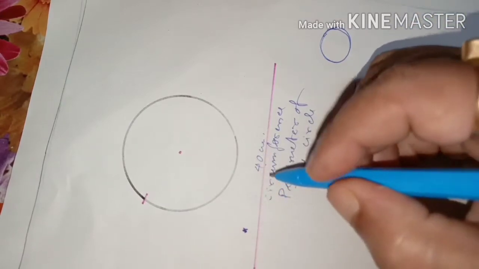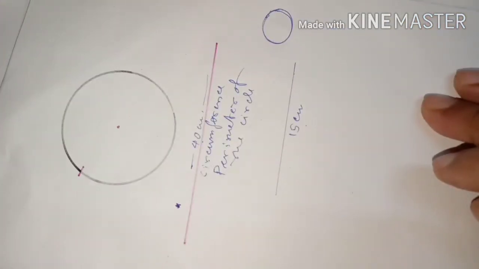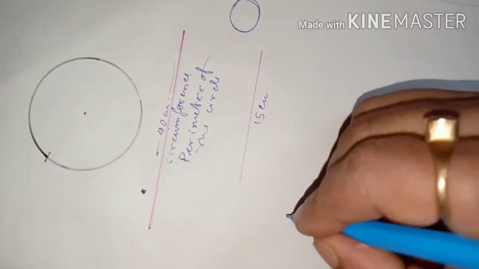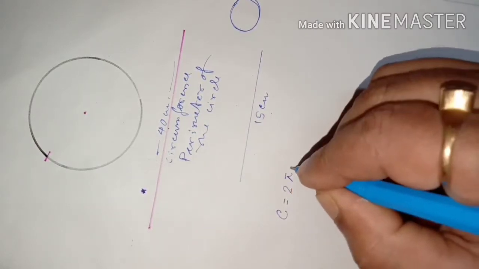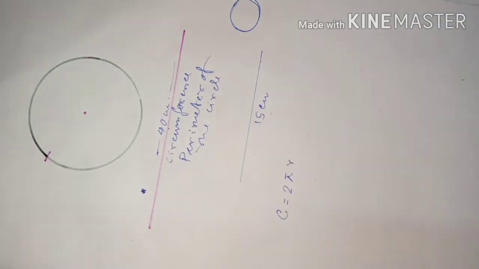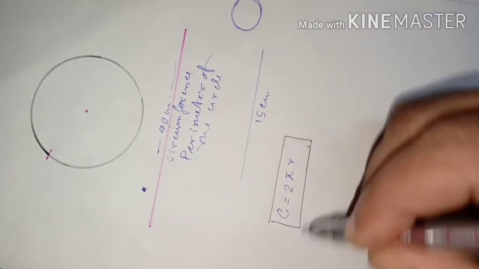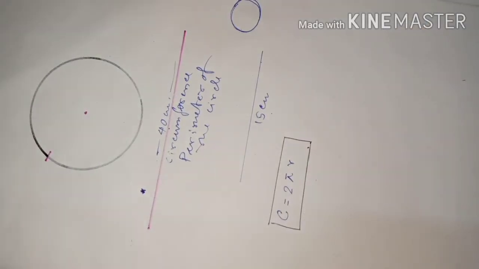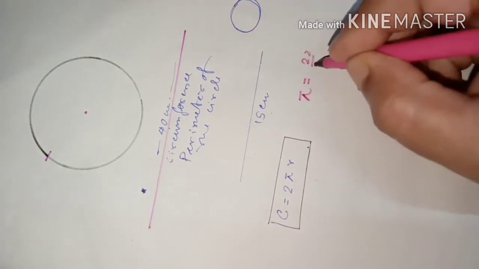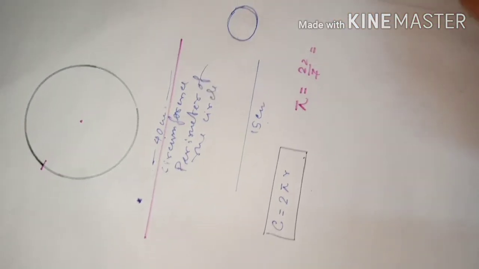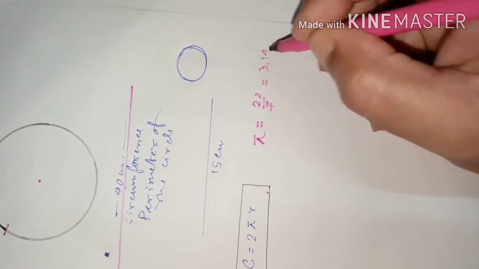So now we have a formula to find the circumference of a circle. Circumference C is 2 into pi into r, where pi is an irrational number. Its value is 22 by 7, or you can write it in decimal form, that is 3.14 approximately.